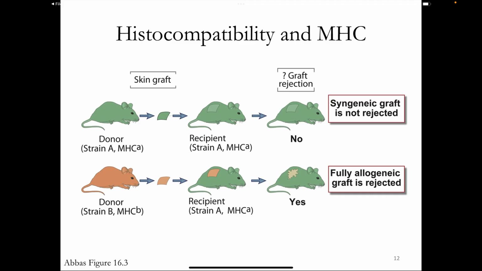If, however, MHC does not match, then in fact that transplant gets rejected. So you can see that we're getting rejection of this transplant. We're seeing that the transplant doesn't stay. And in this case, again, you can see we have this prefix. Now instead of syn or auto, we're using the prefix allo. So this is an allogeneic graft. Syngeneic is genetically identical.